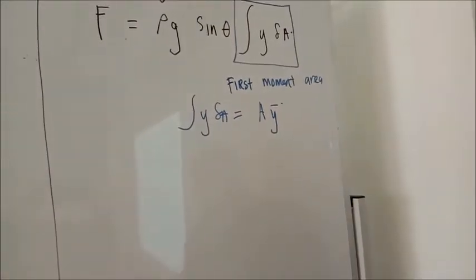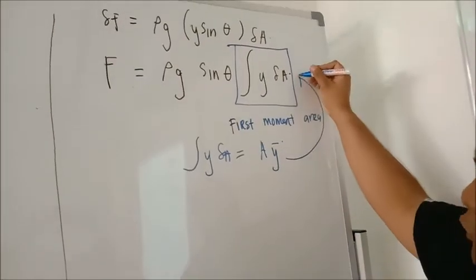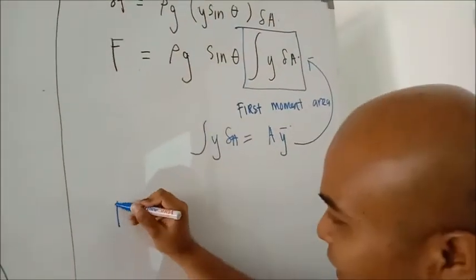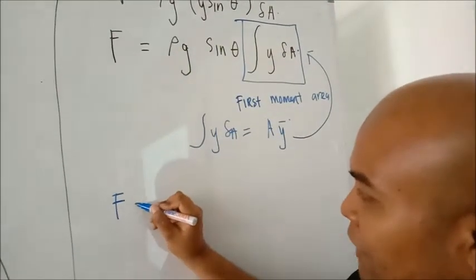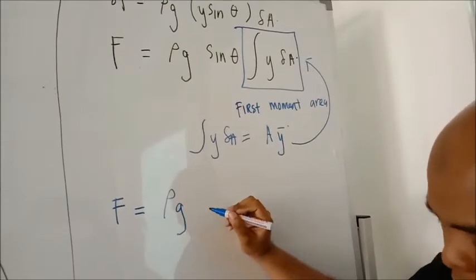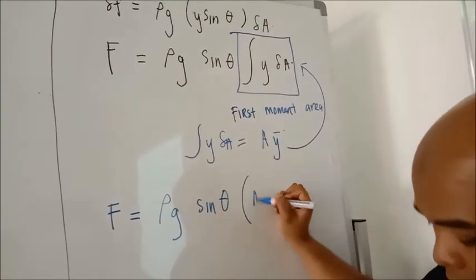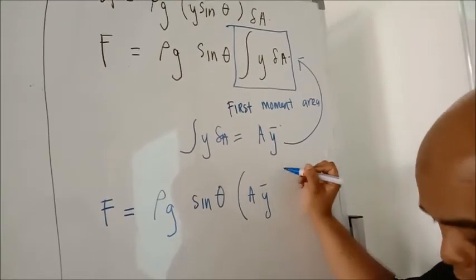Okay, so by having this, we change to this equation. Now we find that our equation becoming F equals with rho G sin theta A y bar.